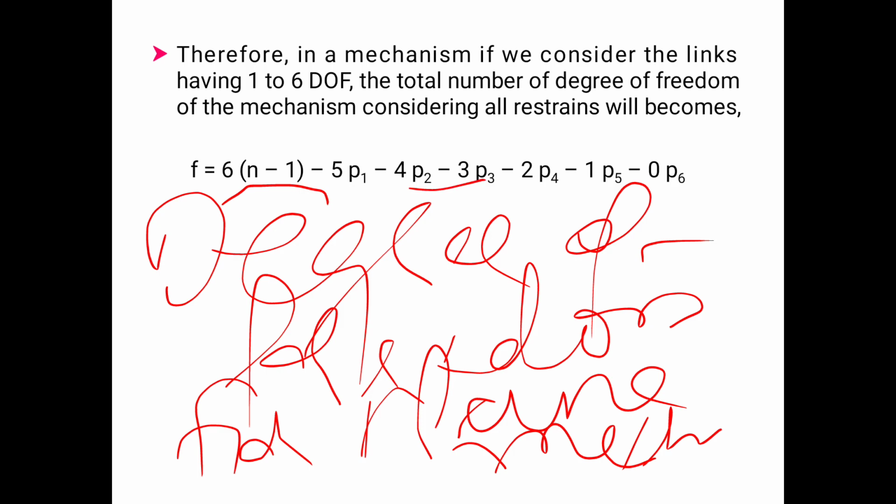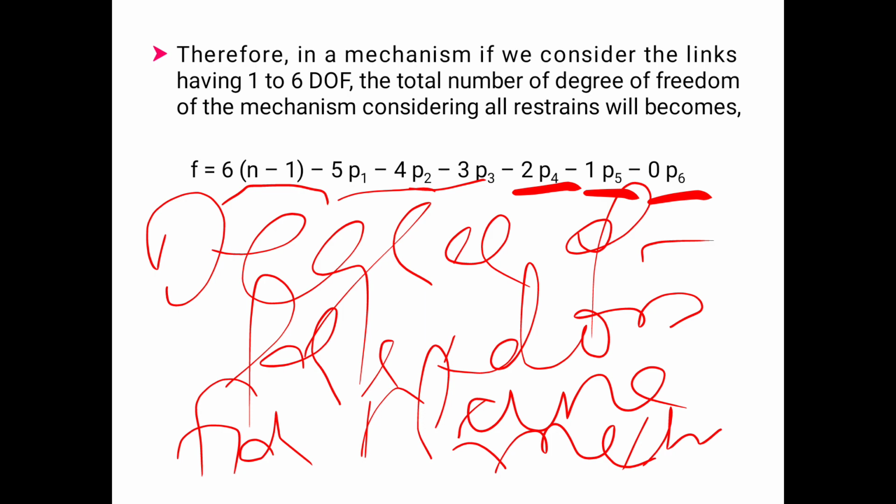So 5p1, then 4p2, then with 3 restrictions, 6 minus 3 will be 3, so 3p3, minus 2p4, minus 1p5, minus 0p6. Okay, so this is the general formula for finding the degree of freedom in space if restrictions apply.